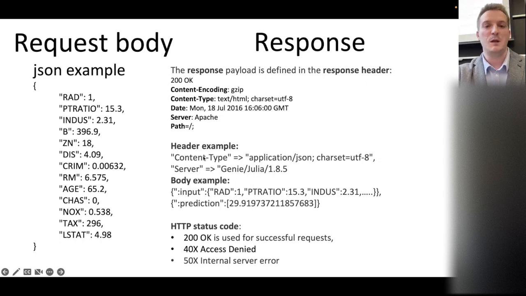In our case, we will see that our server gives information about what kind of server we use, and that we send information in JSON format with UTF-8 charset. And for example, here is an example of a response body where we have the input of our features and values, and we get the prediction of our model.